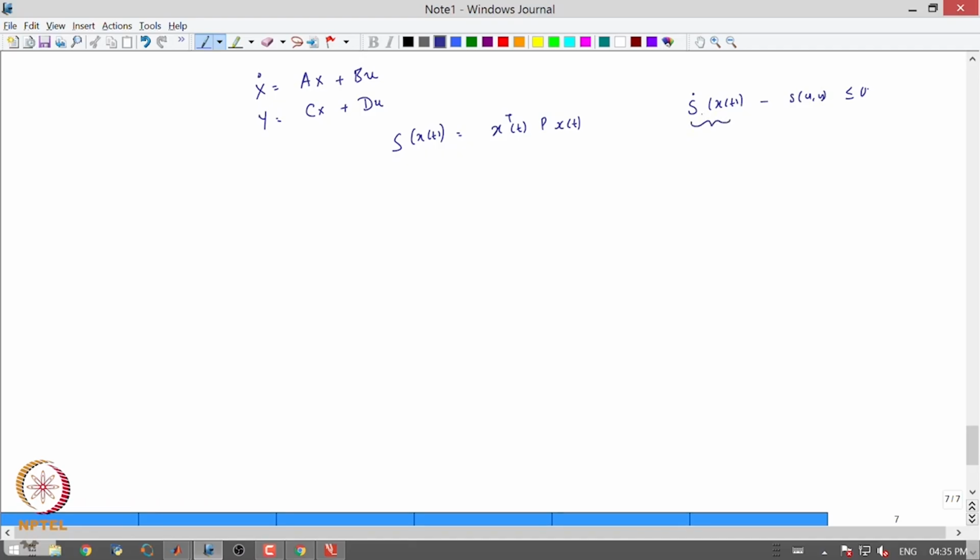S dot is x dot transpose P x plus x transpose P x dot.